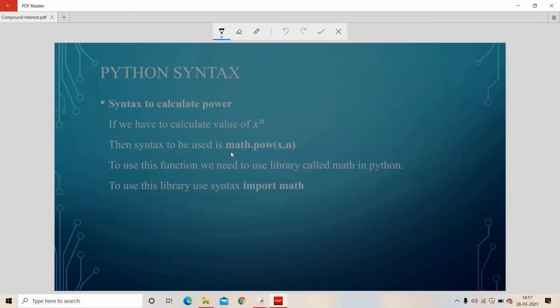To compute this x raised to n, we will use this syntax: math.pow bracket x comma n, where this x is base x and this n is power n. But to use this statement, we have to input library called math using a statement import math.